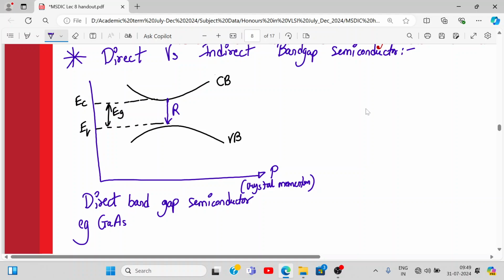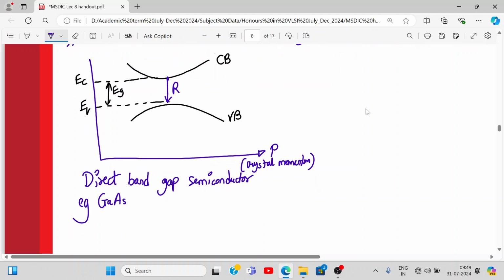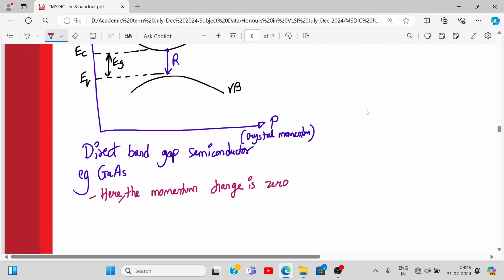So here the momentum change is zero. Yes or no? Here the momentum change, let's write that down. Observation: here the momentum change is zero for the transition.